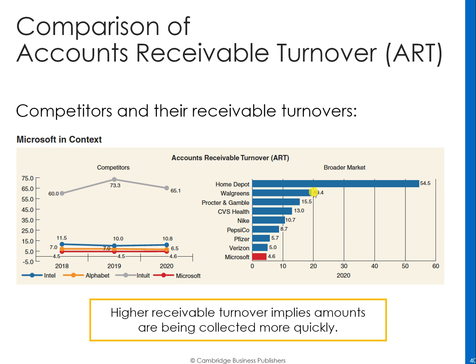See, Walgreens is much higher than CVS, meaning more efficient in their accounts receivable collections. Also, you can compare PepsiCo to Coca-Cola, and those are direct comparables.